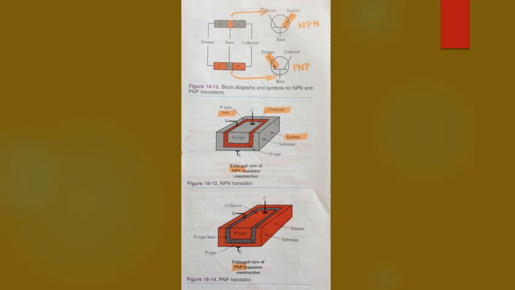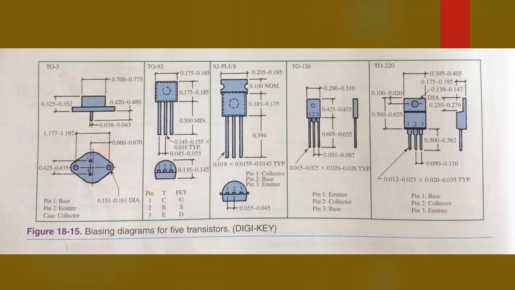This indicates whether it is an NPN or PNP transistor. The arrow always points toward the N-type material. This will assist you in determining the proper polarity when making a connection in a circuit. The direction in which the emitter arrow points for an NPN transistor can easily be recalled by reciting "never point in."